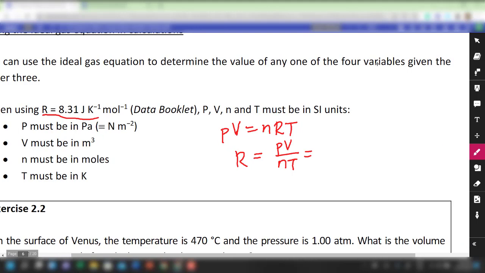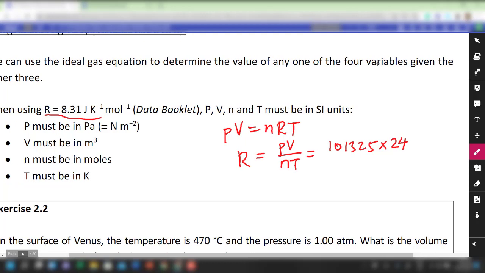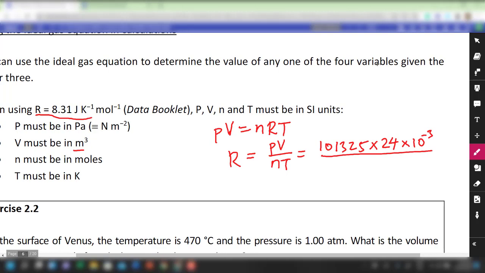You know that the pressure is given to be 101,325. The volume is 24 dm cubed. However, the volume when we are applying the ideal gas equation has to be in cubic meter, so we need to factor it in. So that will be multiplied by 10 to the power of -3 to convert it to cubic meter.